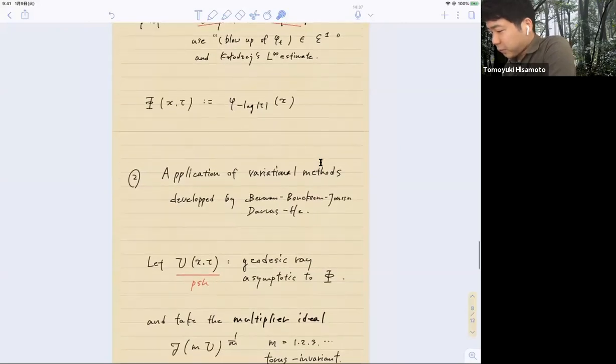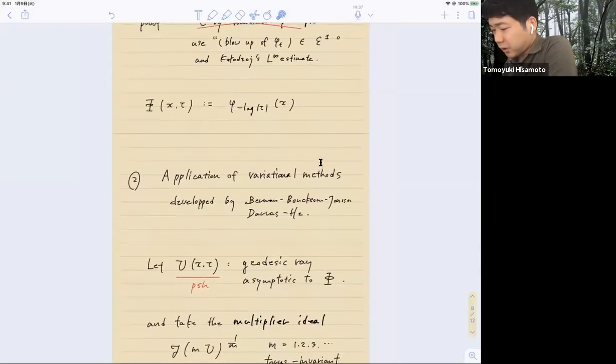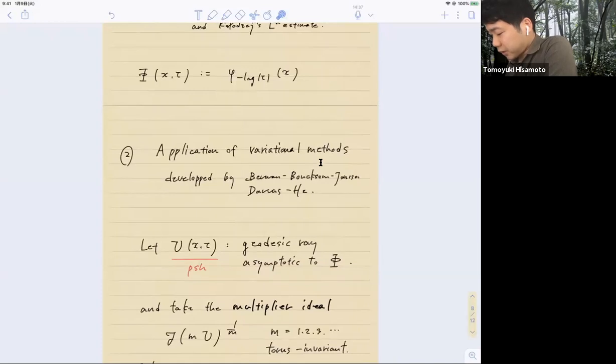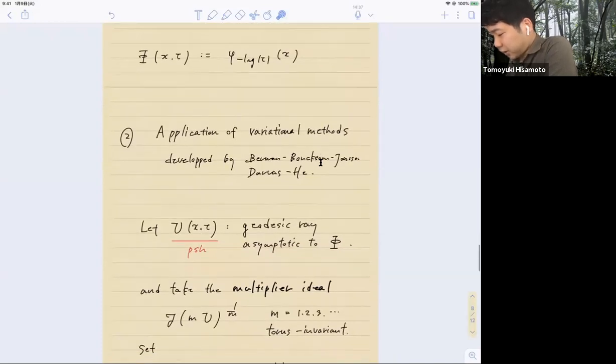So we got phi here, and then we take some geodesic ray asymptotic to phi, because this phi on the product space is not a pre-subharmonic function. So we need some geodesic asymptotic to phi, and let's denote the geodesic as u. Then u is really a pre-subharmonic function on the product space, so that we may take the multiplier ideal sheaf for any m.